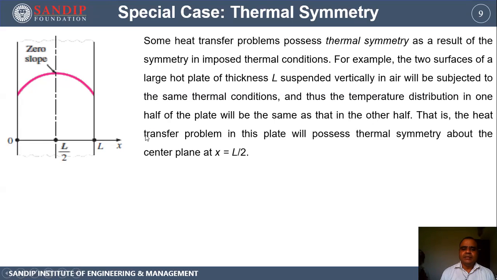The heat transfer problem in this plate will possess a thermal symmetry about the center plane, that is at x equal to L by 2. Whatever temperature distribution is in this half, a similar temperature distribution will be observed in the second half, and at the center we get the topmost point.